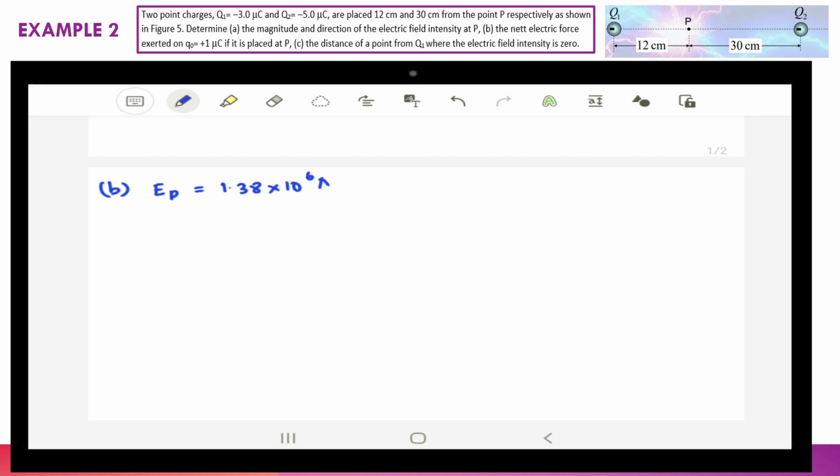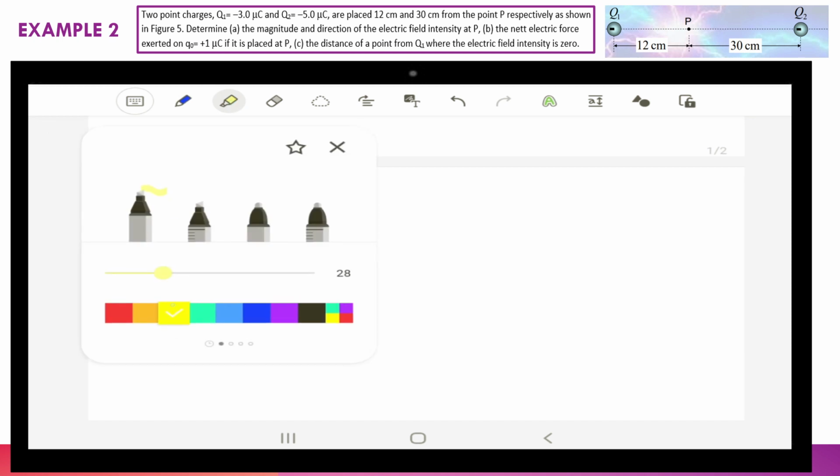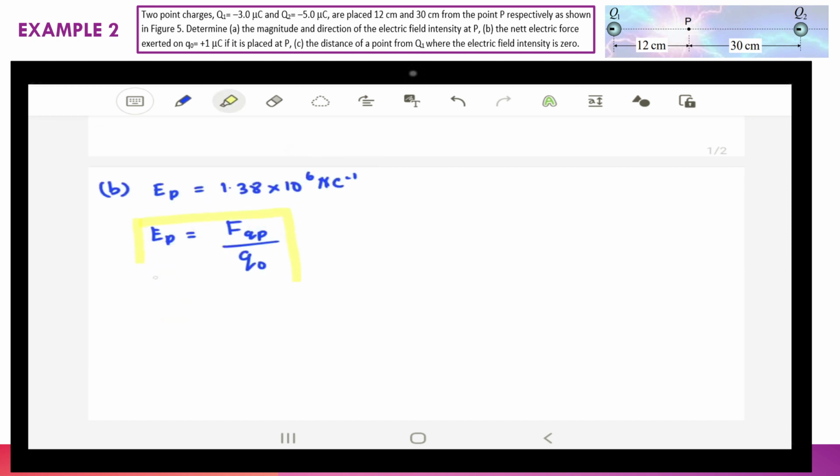Therefore, we can find it by using the equation EP is equal to F of the test charge Q at point P over Q naught. Based on this equation, we can straightly find FQP. By rearranging this equation, FQP is equal to EP Q naught.